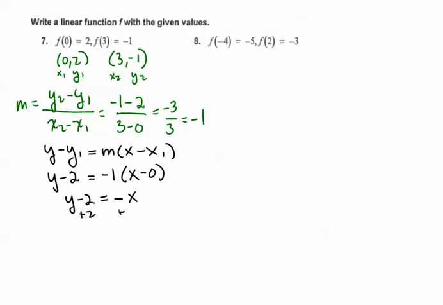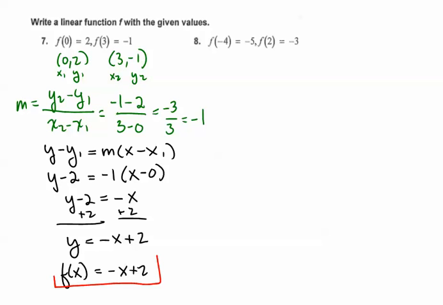Add 2 to both sides, and I get y is equal to negative x plus 2, and that is my linear function. Once again, I could also write it as f of x is equal to negative x plus 2, and that would take care of problem number 7.